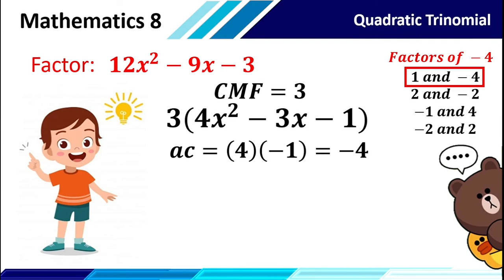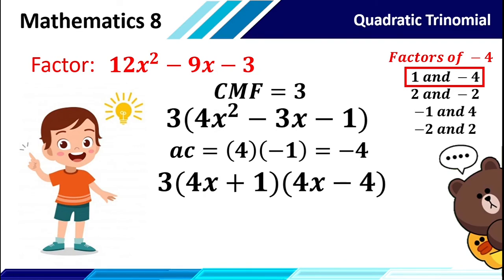Again, our first step is to copy our leading coefficient and variable from our quadratic trinomial and then input the factors we obtained from negative 4, which are positive 1 and negative 4.